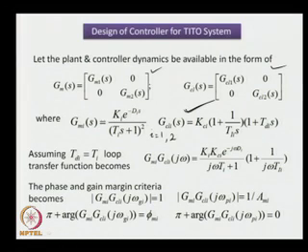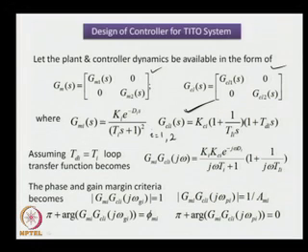So, when i equal to 1, I get a series PID controller with parameters KC1, TI1 and TD1, whereas when i equal to 2, the controller parameters become KC2, TI2 and TD2.